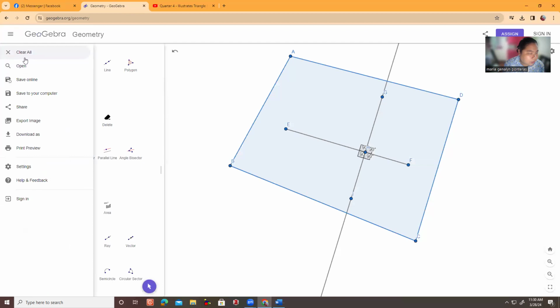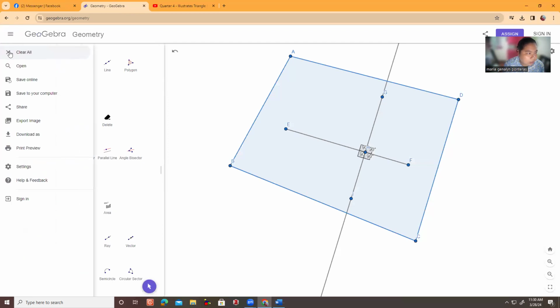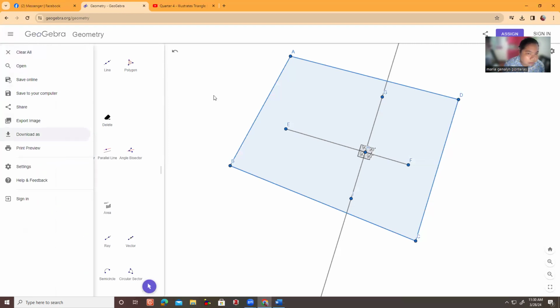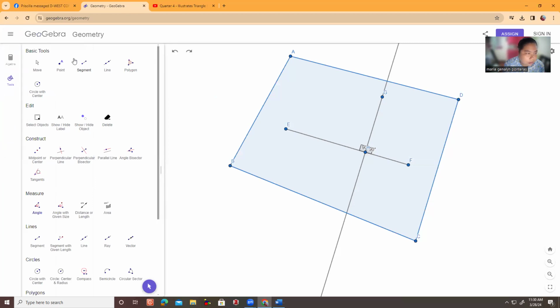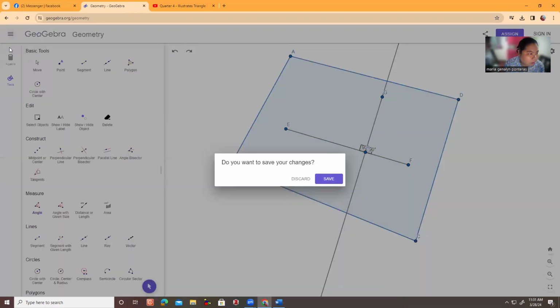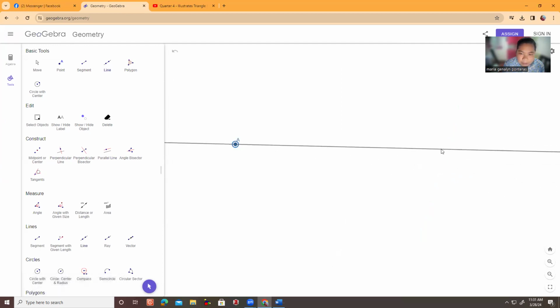Let's have another instance. Okay, let's say class we want a parallel line. To make a parallel line, we need to select a parallel line and a point. So we're going to make a line and a point outside.